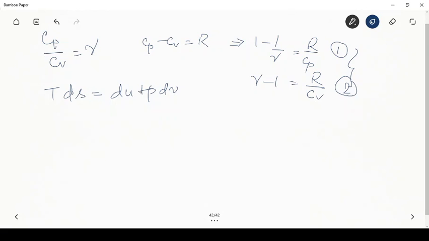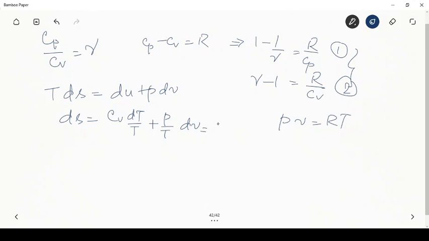So I'll be able to write ds is equal to du, which can be written as Cv dT by T, bringing this temperature here, plus P by T dv. And using Pv is equal to RT, which is the ideal gas equation of state, I can write P by T as nothing but R by v.